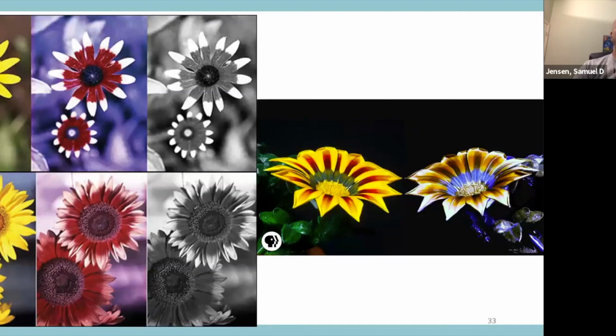Bees actually co-evolve with flowers. Flowers co-evolve with their pollinators. Insects that pollinate flowers, those flowers are more readily visible in the ultraviolet to attract their pollinators. So bluer flowers that are brighter in the ultraviolet attract insect pollinators.